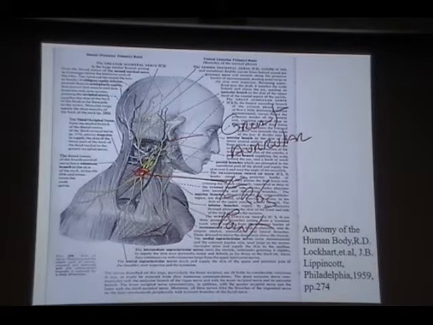Okay, so what teeth are closer to the angle of the mandible? Third, second, first molar, okay? What about in relationship to a joint that's close to that area by the ear? What's that joint called?